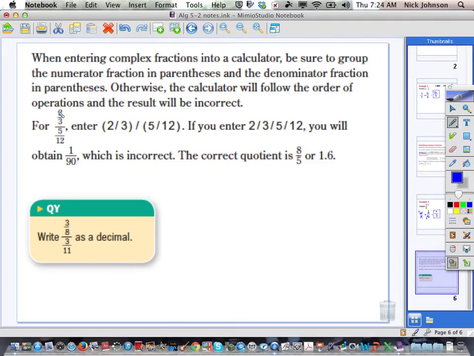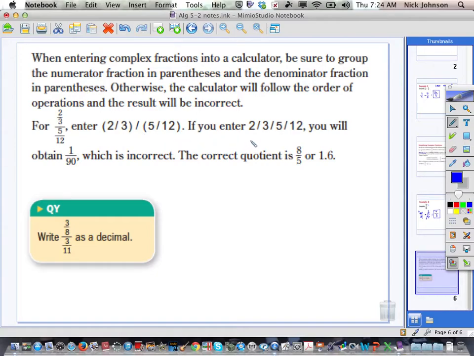So what does that mean? If you get a complex fraction, you need to put parentheses around the numerator, 2/3 around the numerator, divided by parentheses around the denominator. Why? It's because they need to do this math first and then divide it by this math second.